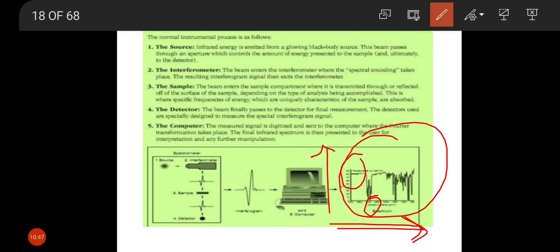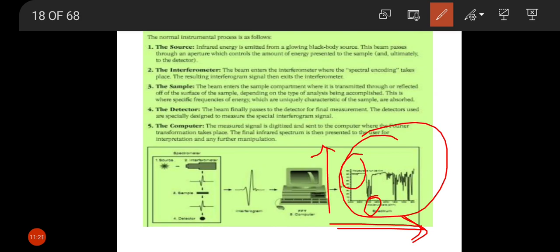That means these bonds can show different types of vibration on different wavelengths. So it is not fixed that one type of bond will only absorb one type of wavelength and will have only one type of vibration.